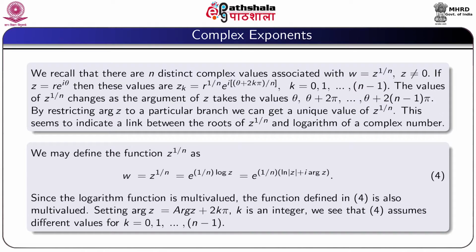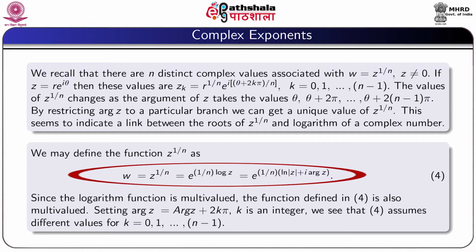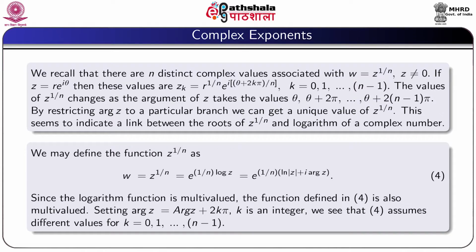We may define the function z^(1/n) as w = z^(1/n) = e^((1/n) log z) = e^((1/n)(ln|z| + i arg z)). This is number 4.